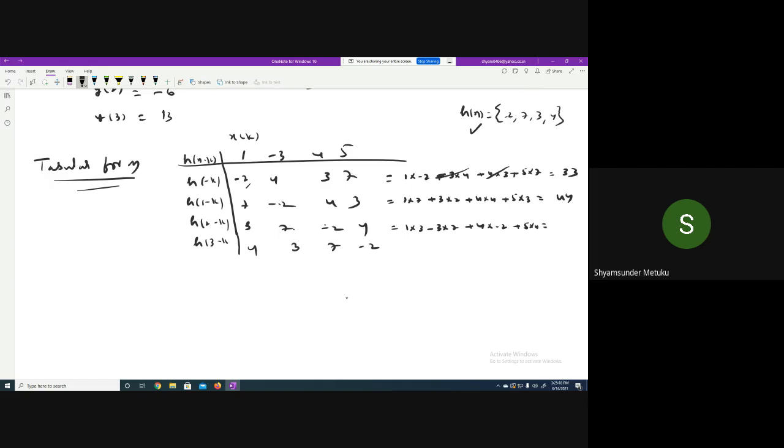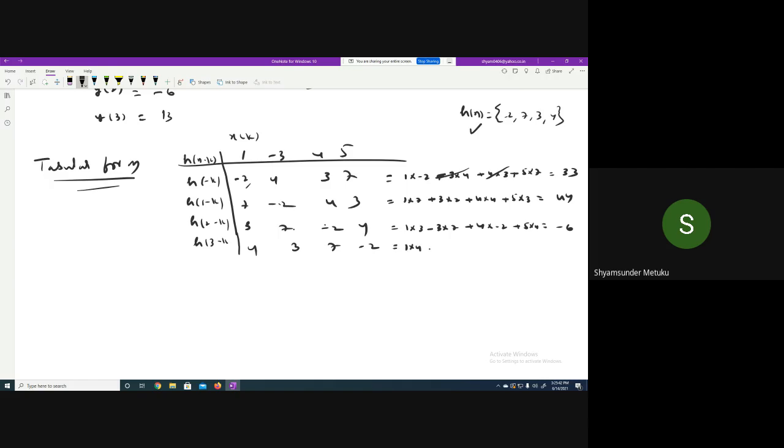So 3 minus 21, how much will it be? Minus 18, then minus 8, minus 26, plus 20, minus 6. So it will be minus 6. Correct, what you said is correct.